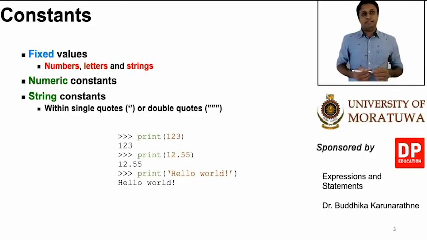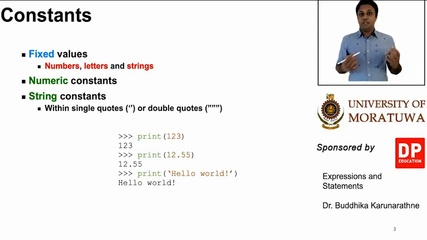Let's first look at constants. So what are constants? Why do we call them constants? We call them constants because their values do not change. They are fixed values. Constants can be numbers, letters, or strings. We can have numeric constants or string constants.